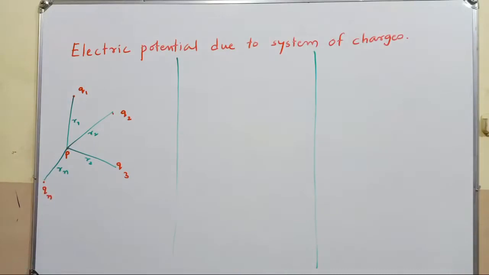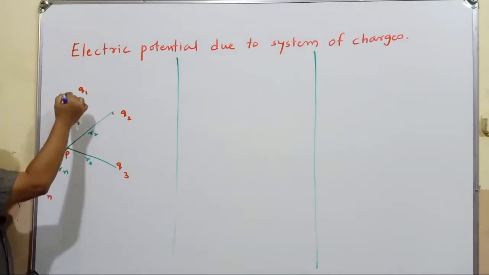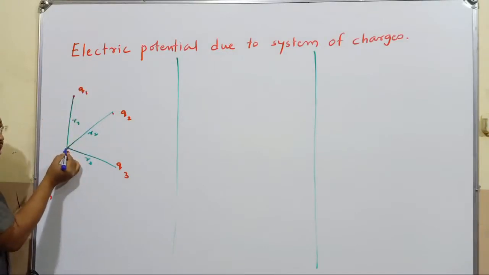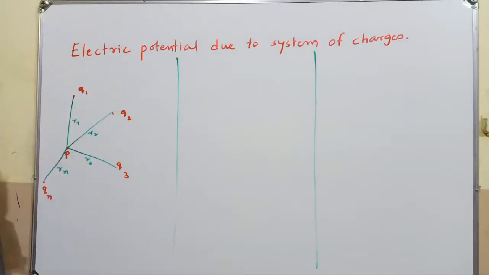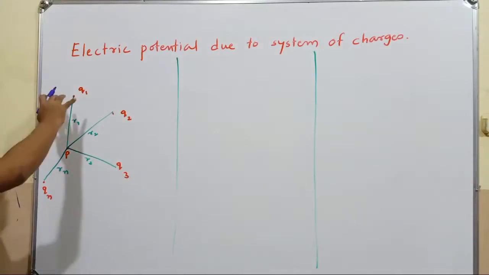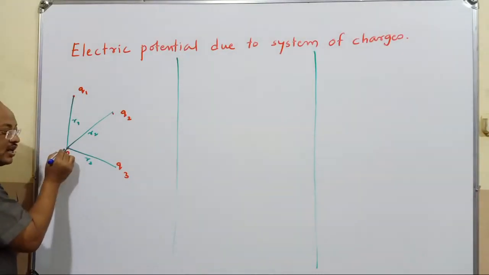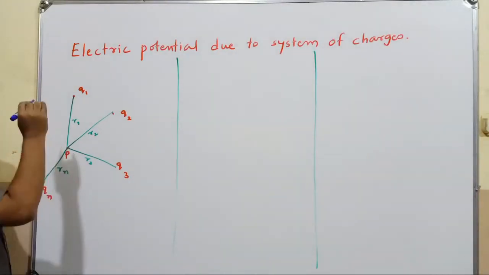So yesterday we found the potential at the point P because of only one charge. Now if there are many charges, a system of charges present, then what is the potential at the point P?